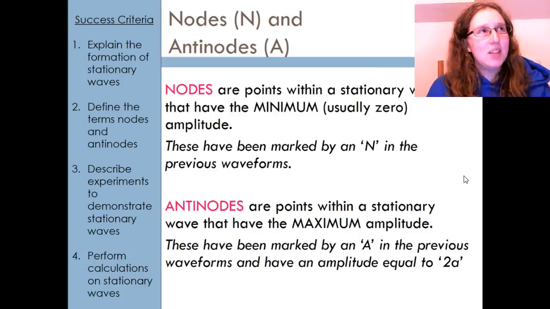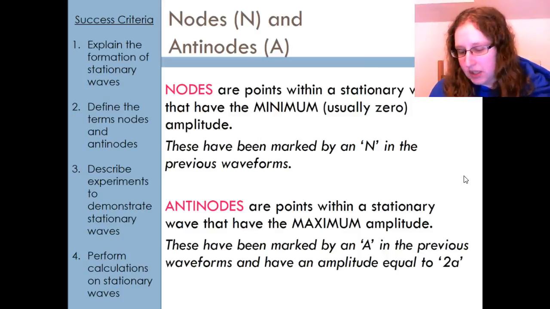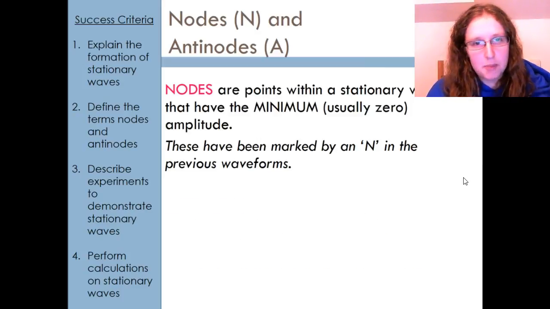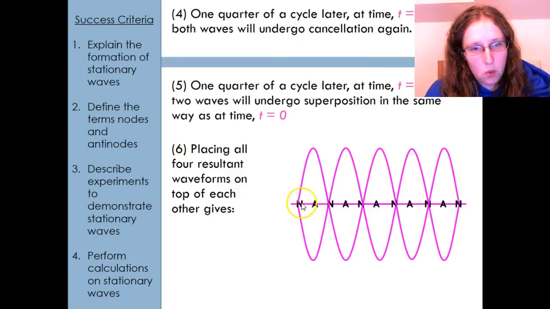So, any wave that I put on there has to be able to fit so that it would have a node on either end. Now if we just look back at how it was formed, the distance between one node and the next, well, that has to be half a wavelength. Can you see how that must be half a wavelength? Because there's my full wave, so one node to the next node is half a wavelength.